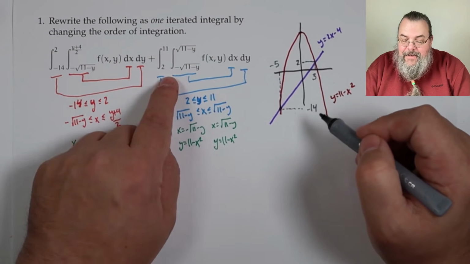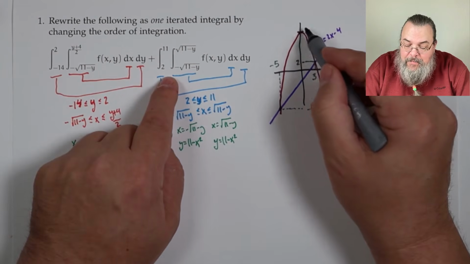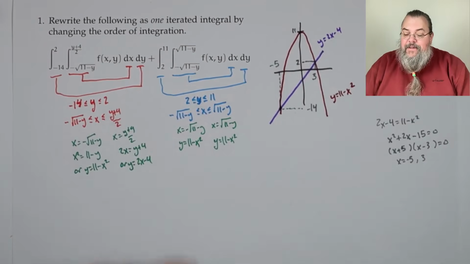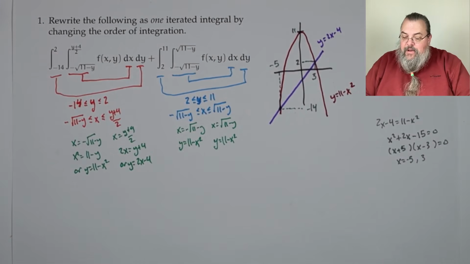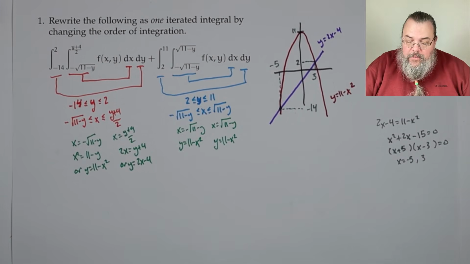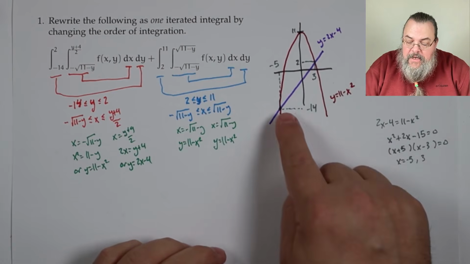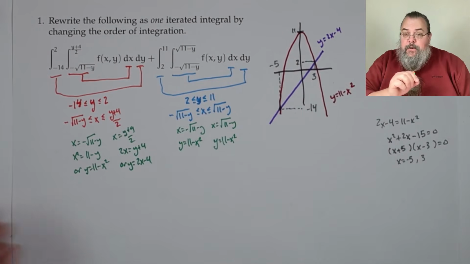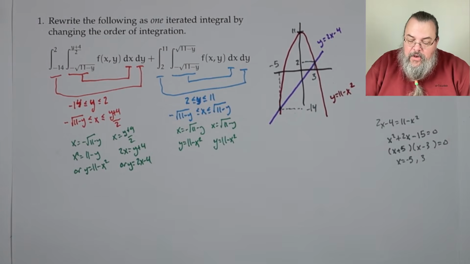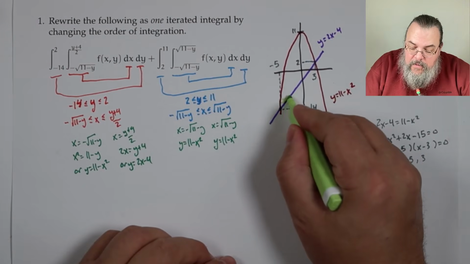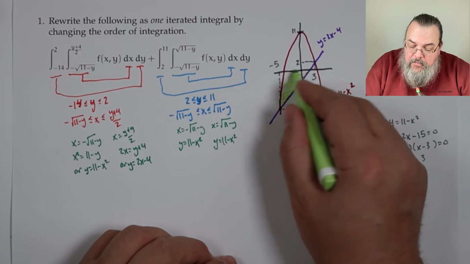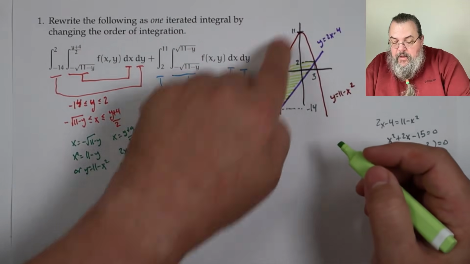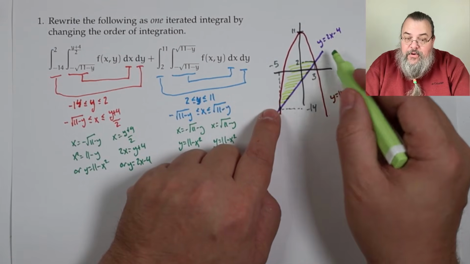And by the way, where's the top of this? 11. And now we can see why they had to split where they split. From -14 to 2, if we're going horizontal, then you have to go from the left side of the parabola over to the line.